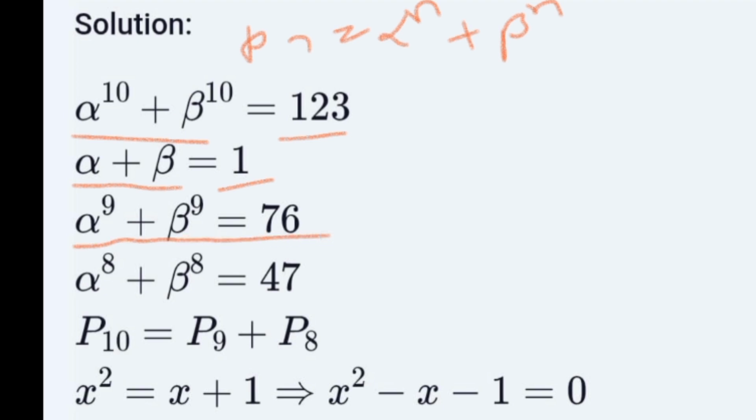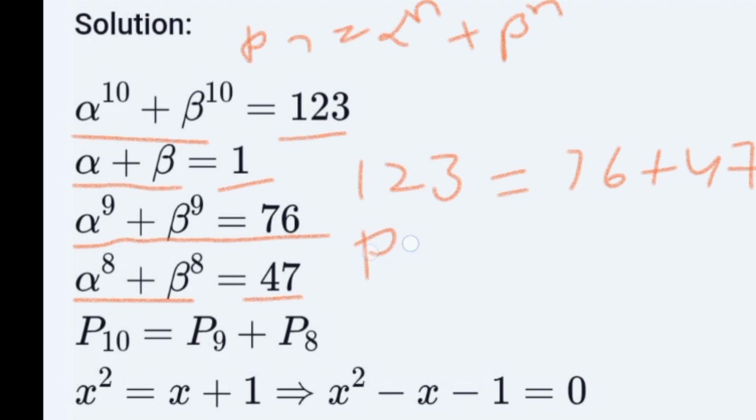P8 is equal to 47, so alpha power 8 plus beta power 8 is equal to 47. Here 123 is equal to 76 plus 47. That means P10 is equal to P9 plus P8.